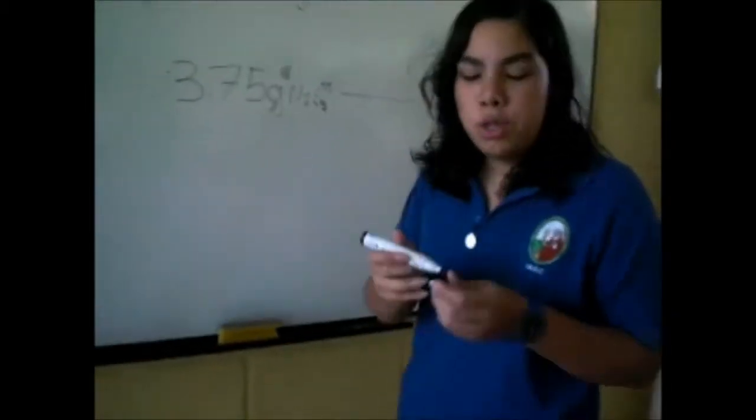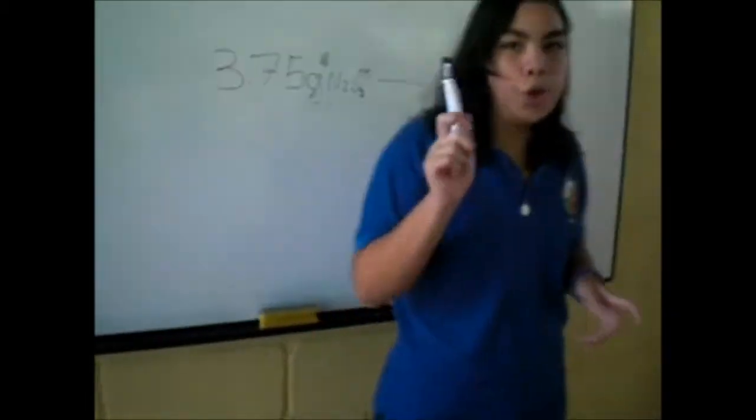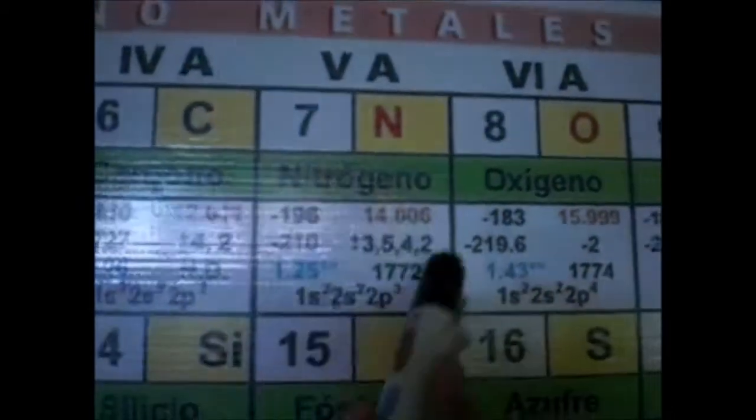So what we need to do now is go to your periodic table and find nitrogen. You can see nitrogen is right here, right? So you need to see that little number that is over here, the red one. That number, you need to see it and find the amu. But how do we find the amu?